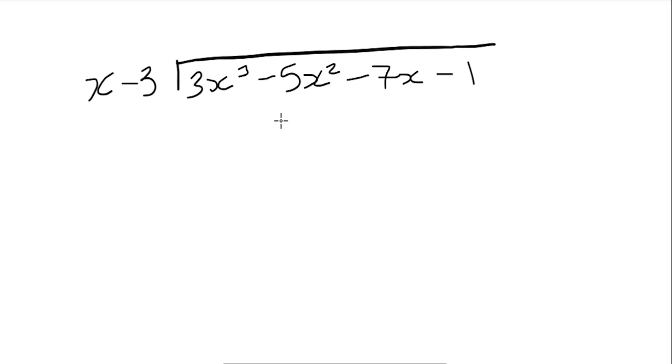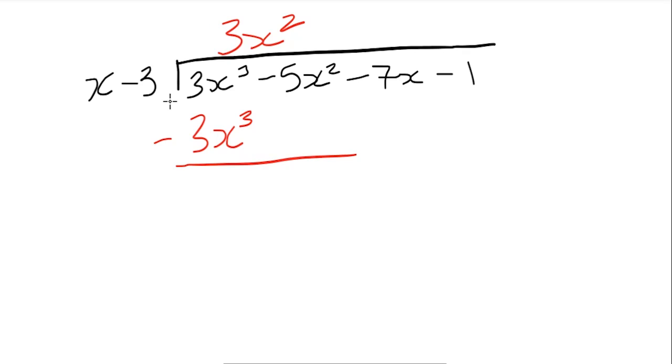It's going to be 3x squared. Because 3x squared times x produces 3x cubed, right? Now we cannot forget that we have another term here, which is negative 3. So we're going to have negative 3 times 3x squared, which is negative 9x squared. Okay, so it looks like this.